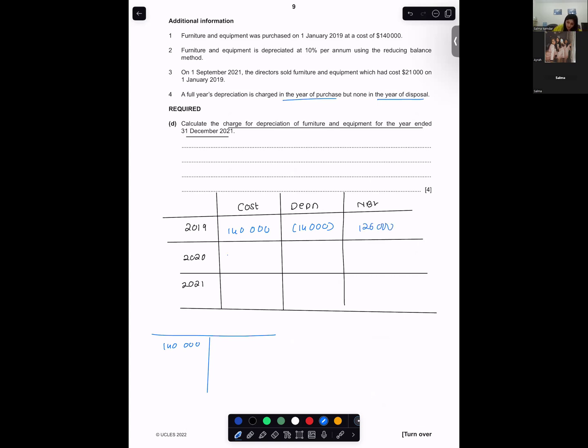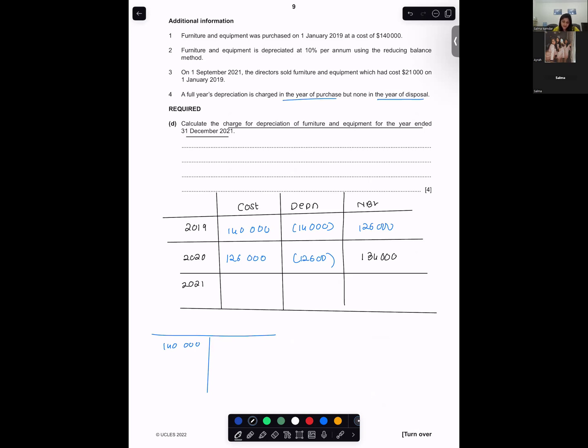Then depreciation is 12,600. Net book value is 1,13,400.